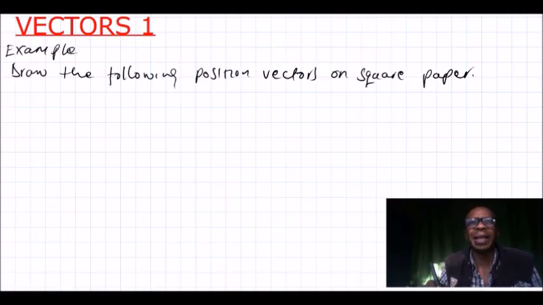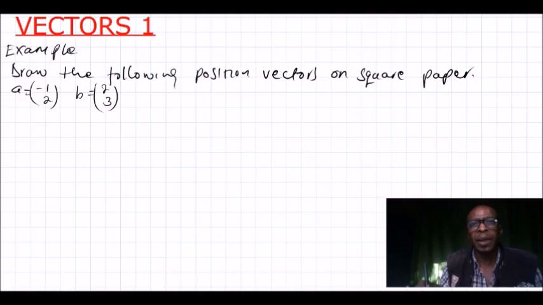So we have A equals minus 1, 2. We have B equals 2, 3. We have C equals 0, 4. We have D equals 3, 0.